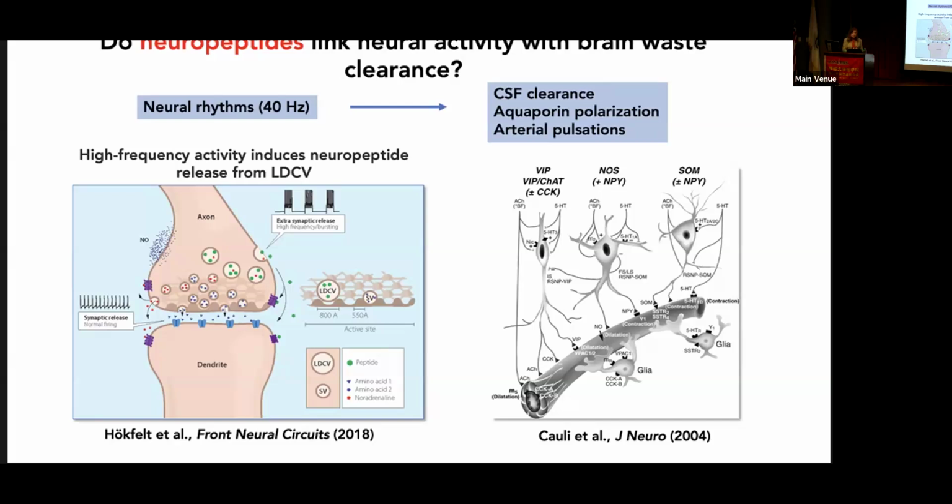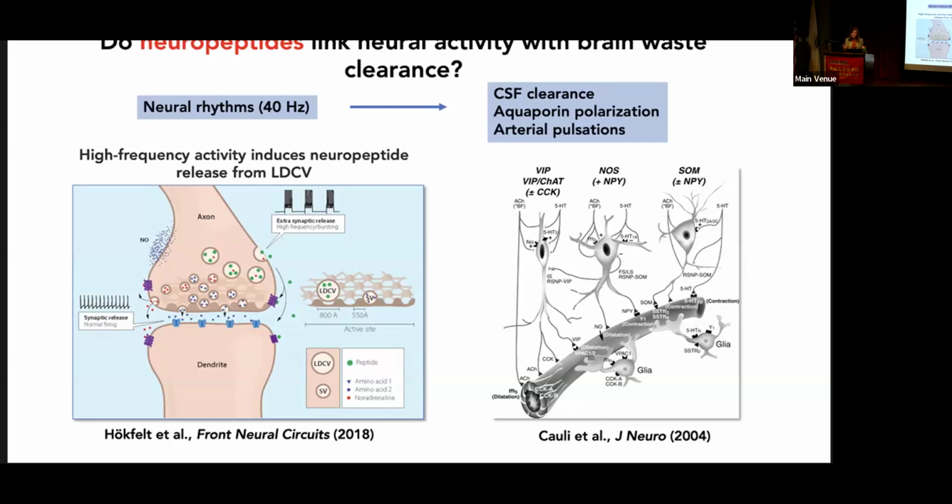And indeed, in the literature, it has been shown that for VIP release, 40 to 50 hertz neural activity is ideal. Another thing is that the vascular endothelial cells, as well as the astrocyte endfeet, all express high levels of neuropeptide receptors, VIP receptors, NPY receptors, and so on.